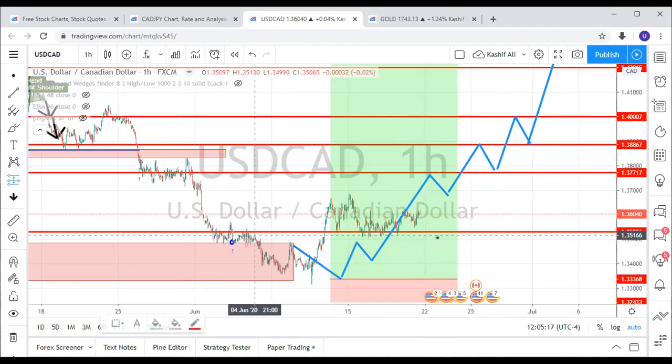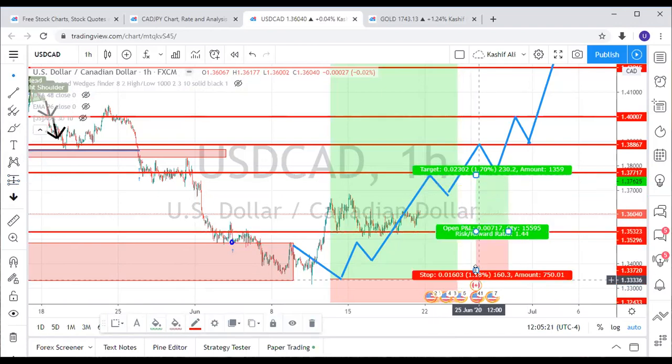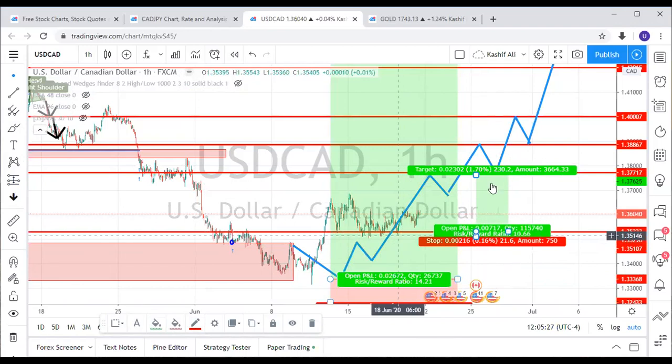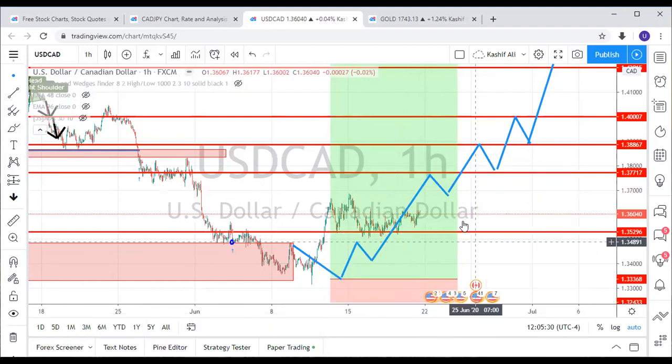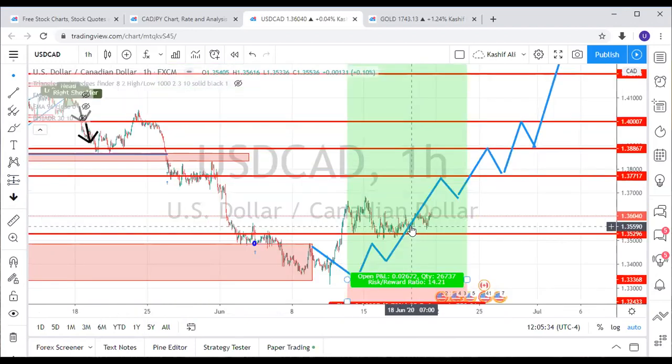You can target a short buy like this, with a very tight stop loss, 21 pips stop loss to 230 pips take profit. As soon as the market opens, this will shoot up. USD CAD will go into a nice buy, at least 30 to 40 pips.